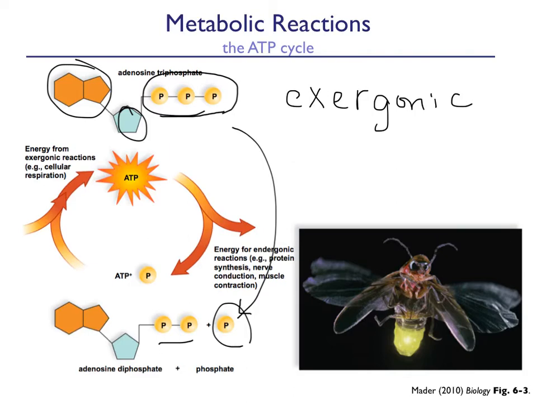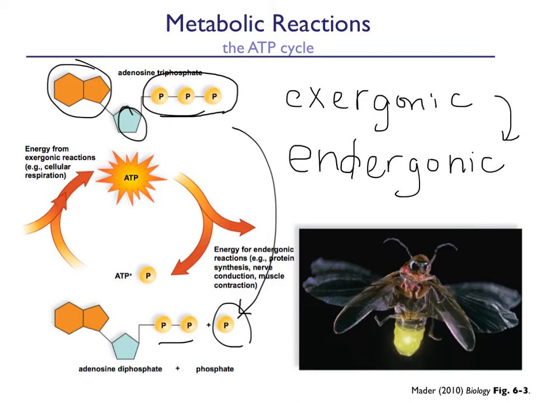Reactions that require energy, an input of energy, are called endergonic reactions. So here we can couple two reactions together, one reaction that releases energy and one reaction that requires energy. You can couple them together. The one that's releasing energy can provide the energy necessary to drive the endergonic reaction.